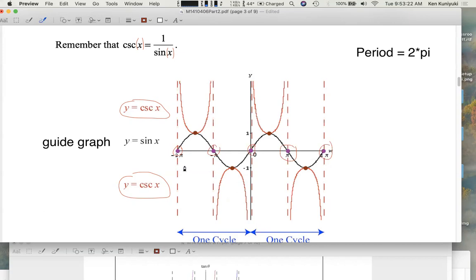Okay, now between these VAs, we graph these up-U shapes when the guide sine graph is above the x-axis, and we graph these down-U shapes when the sine guide graph is below the x-axis. And that makes sense, because remember, reciprocal functions have the same sign for the same value of x.